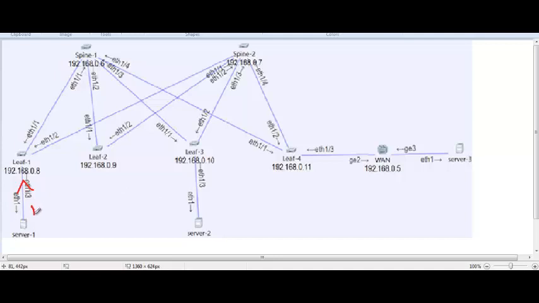Let's say this is VLAN 100, this is also VLAN 100, and I have another device here that is also VLAN 100. So if I need to send an ARP request, I should send it only to this leaf and this leaf, because devices belonging to VLAN 100 are connected only to these leaves. This one has no VLAN 100 member.